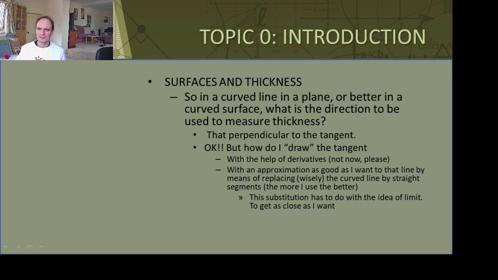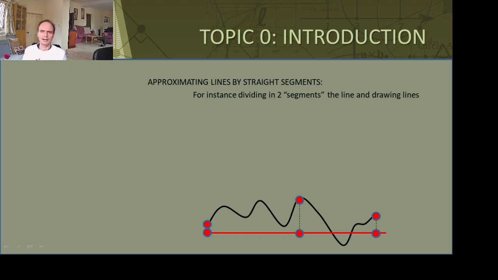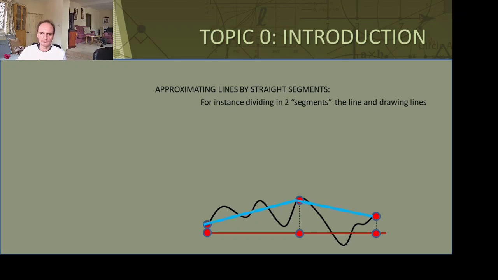Let's try to see it with an example. Let's bring back our black line, which we have already worked with in some videos. I can approximate that black line by means of straight segments, just dividing the line into segments and drawing connecting lines, okay? You see it here.